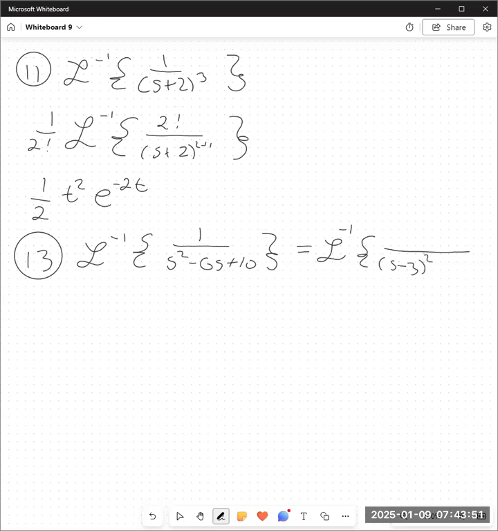That's plus 9, so there's an extra plus 1 left. That 1 is perfect because that's my k value. So this is sine of t, and this is e to the 3t times that.